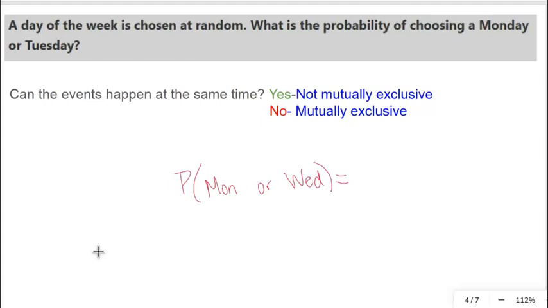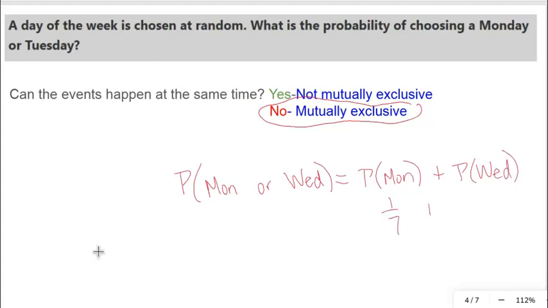Well, a Monday and a Wednesday, those definitely cannot happen at the same time. So our formula says to find each of these separately and add them together. So there is 1 out of 7 days that is a Monday and 1 out of 7 days that is a Wednesday. So our probability is going to be 2 out of 7.